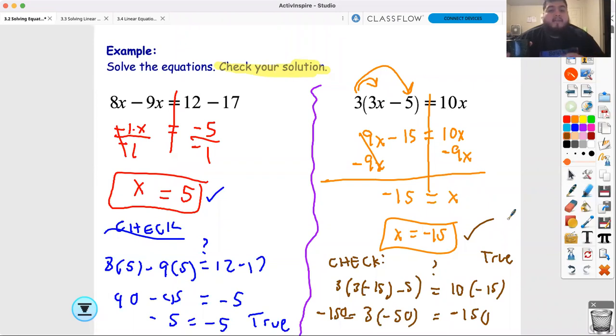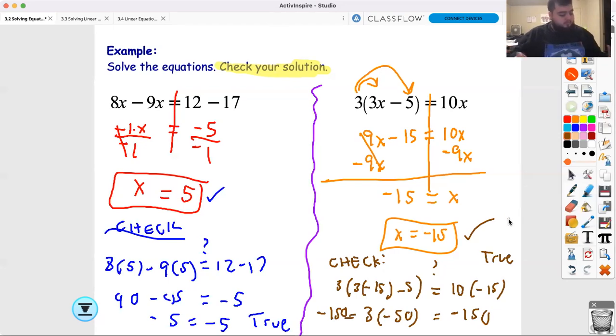What questions do we have on the steps that I took on these equations? Are there any questions whatsoever? All right, if there's no questions, guys, let's move on.